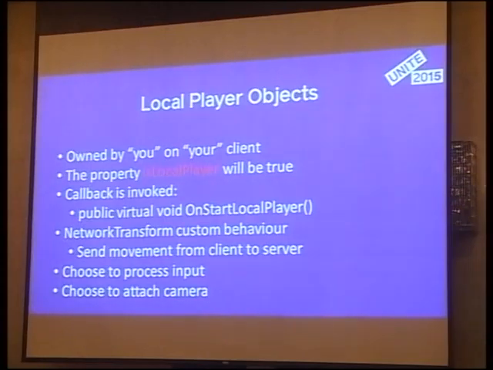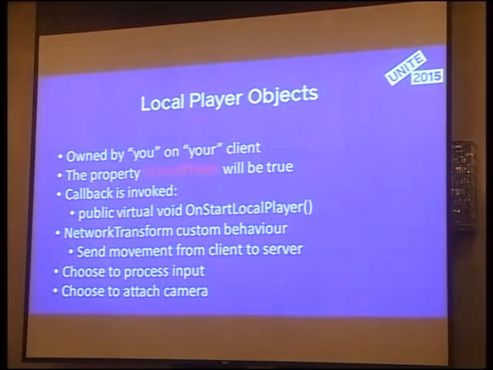And there's a property on the object, so you can check at any time to say, is this my local player? And then there's a callback function that's invoked when an object becomes a local player. So you can do setup in there, like attach a camera or things like that. And other scripts on the object have access to that property, so you can do special things in any of the scripts based on whether or not it's a local player.